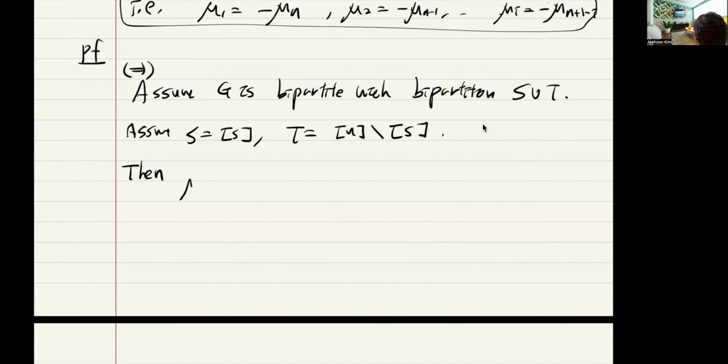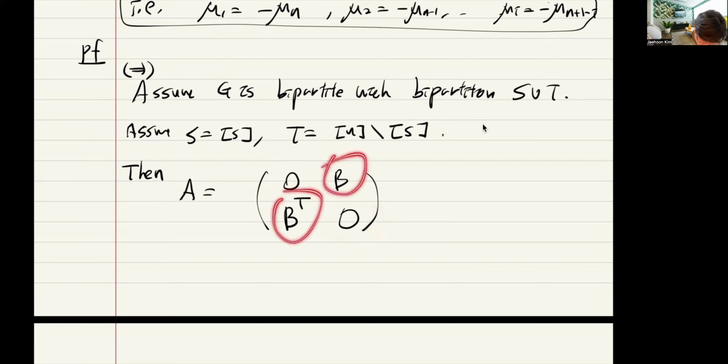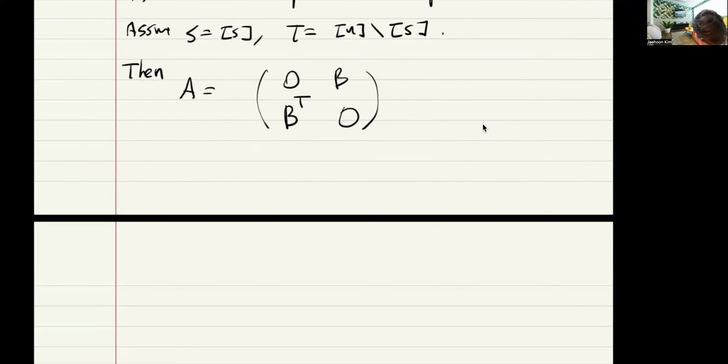And what happens? The adjacency matrix looks this way. It is symmetric. For the first s numbers, there are no edges between them, so this part is 0. And for the last n minus s numbers, there are no edges between them, so this is 0. And this is symmetric, so this is B, and then B transpose.